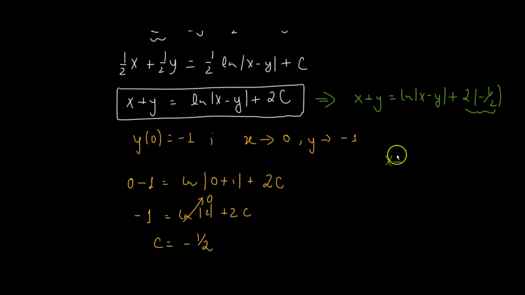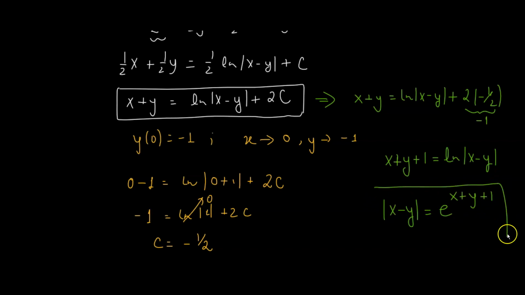We can bring this -1 to the left hand side, so we have x + y + 1 = ln(x - y). And if we use the definition, then the absolute value of x - y will be simply equal to e raised to the power of x + y + 1. And this is the final solution to our given differential equation.